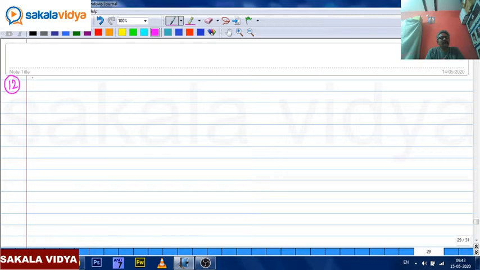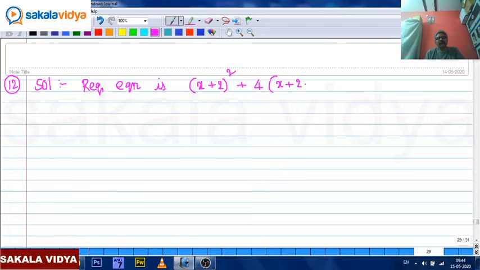Solution: the required equation is (x plus 2) whole square plus 4 times (x plus 2)(y minus 3) plus (y minus 3) whole square is equal to 0.